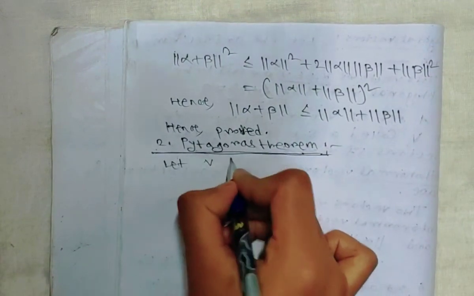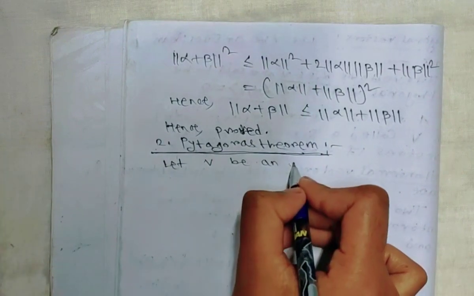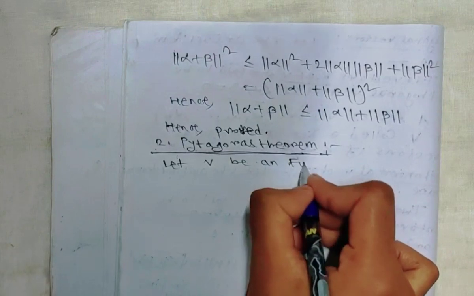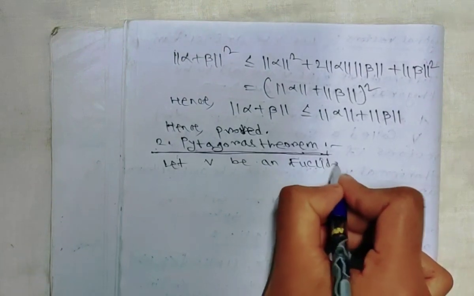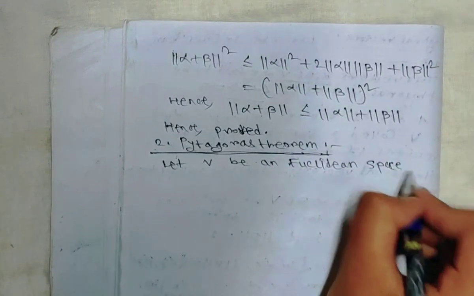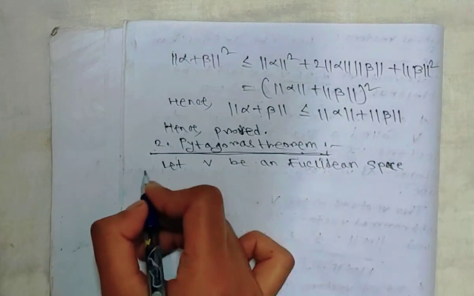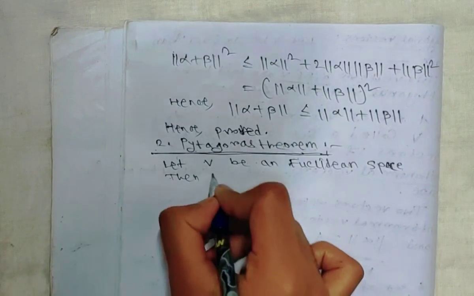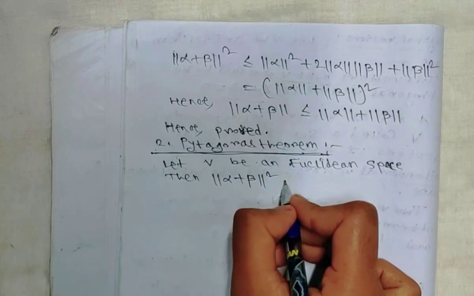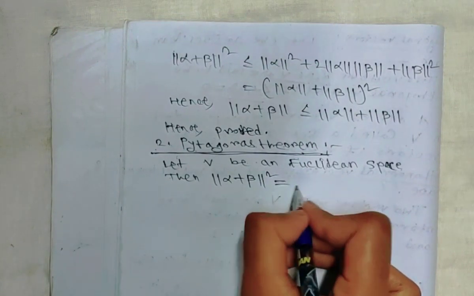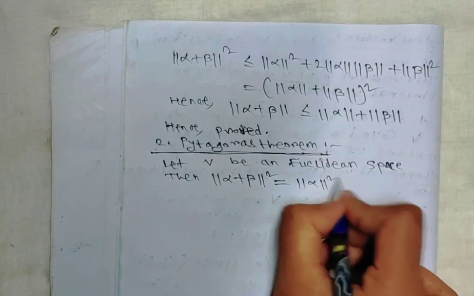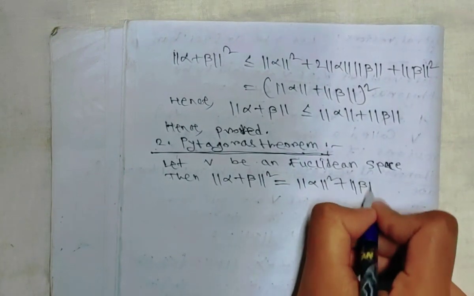Let V be a Euclidean space, then, if the inner product of alpha beta equals 0, we have to prove that norm alpha plus beta square equals norm alpha square plus norm beta square.